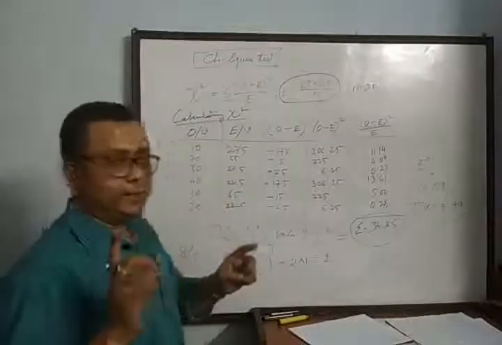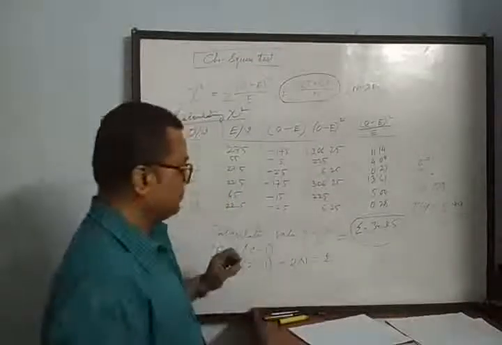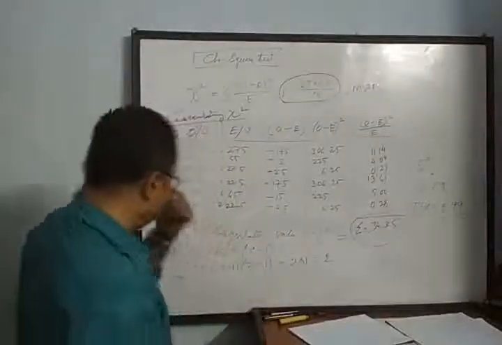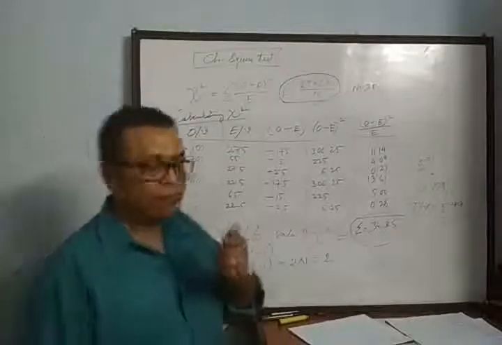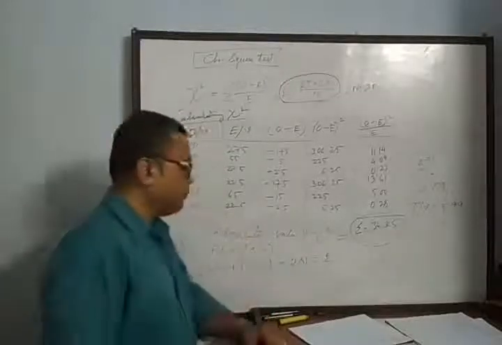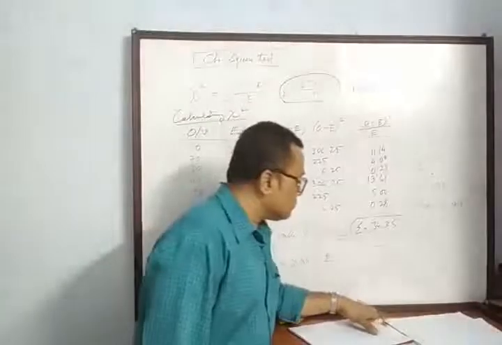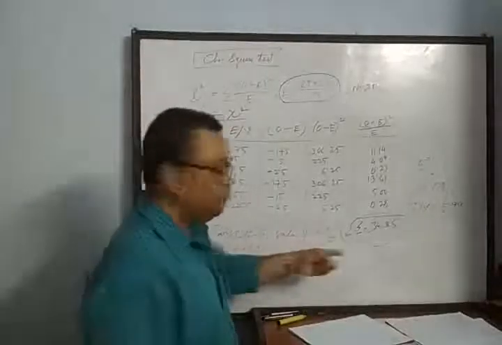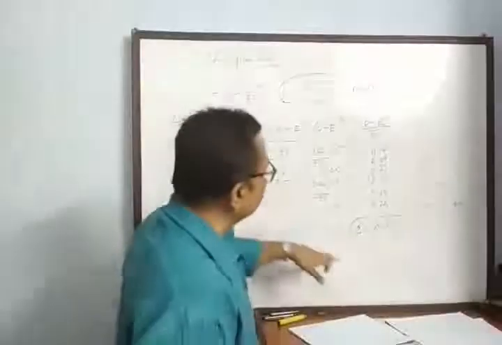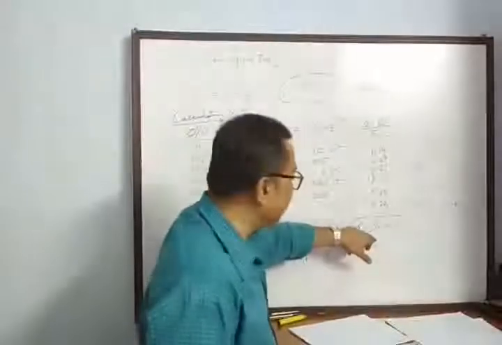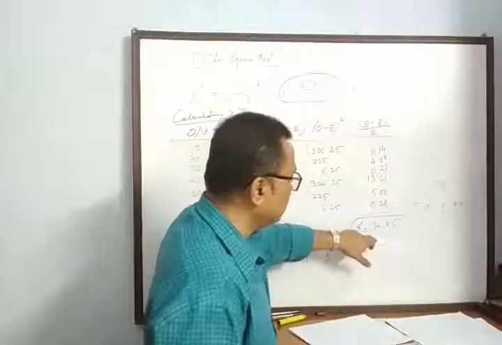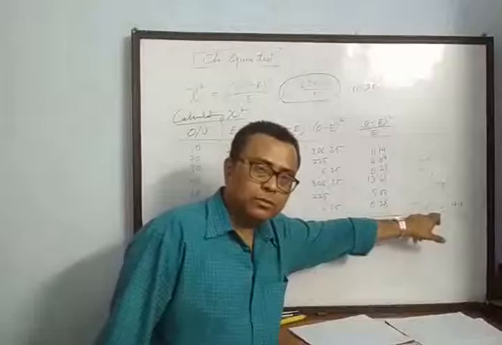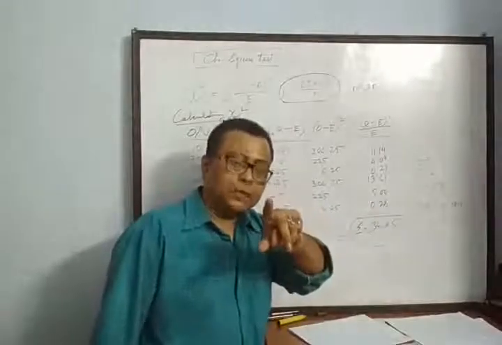Now the interesting part starts. As we have discussed earlier, the last step, that is step number 5. If the calculated value is less than the table value, then the null hypothesis will be accepted.